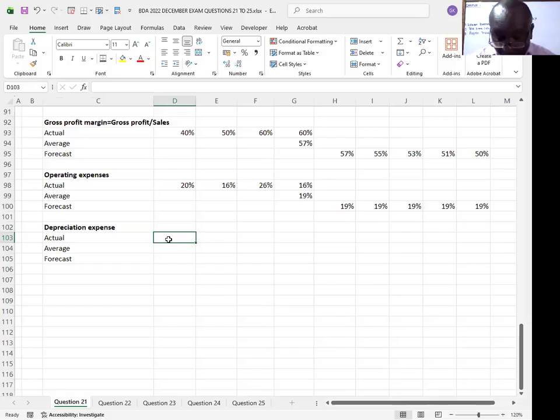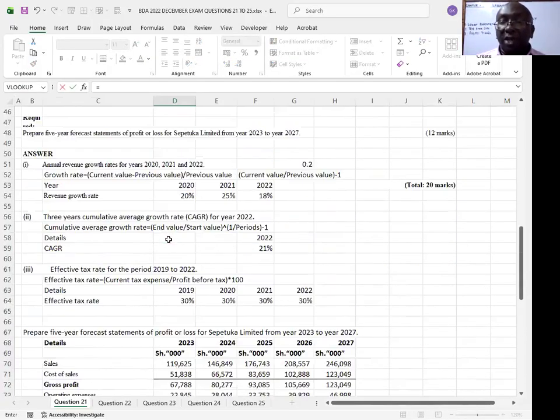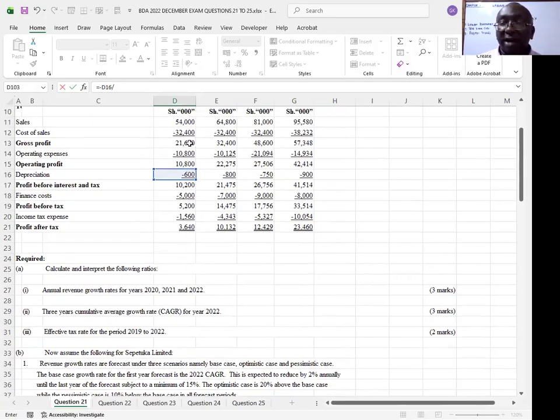We do the same. Equals. This depreciation yenye iko hapa kwa swali, it is again negative. So you start by negative sign. You take that depreciation. You divide by this revenue.